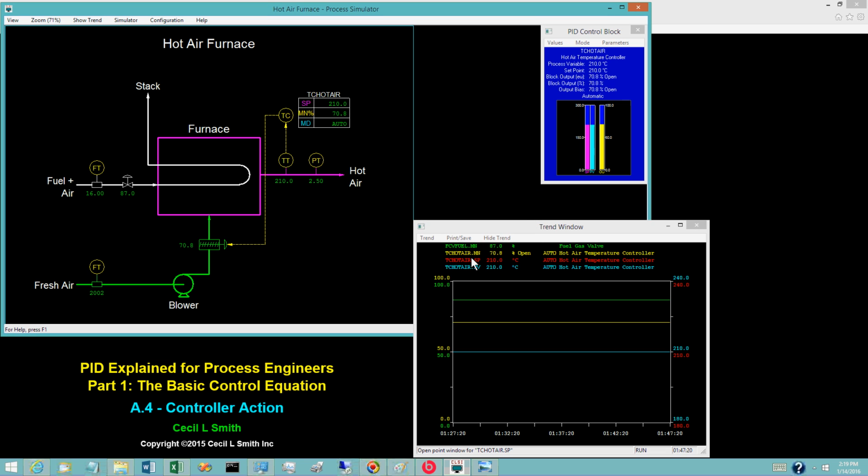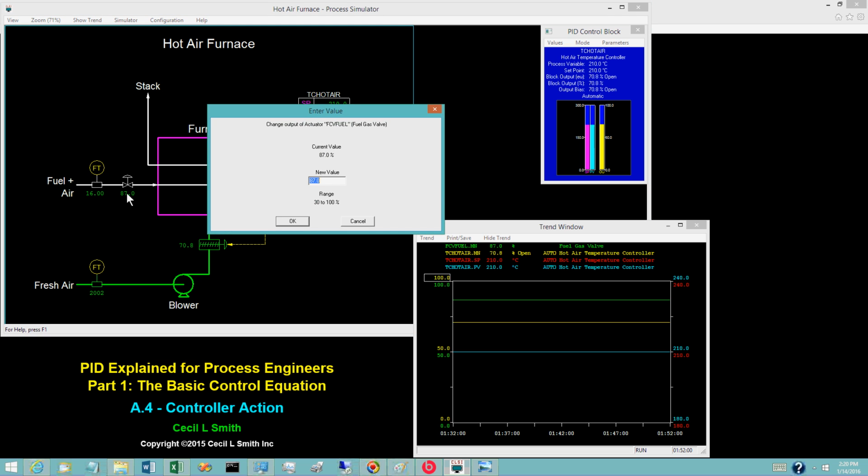Now we need a disturbance. In the real world, loops are continually subjected to small disturbances. But on the simulator, we must introduce one. Decrease the fuel valve opening to 86%.